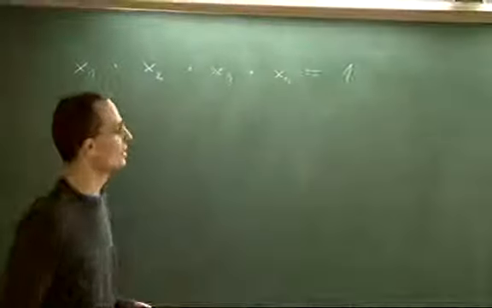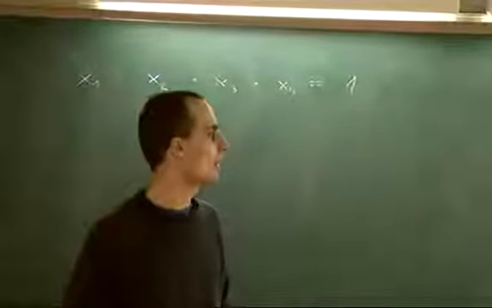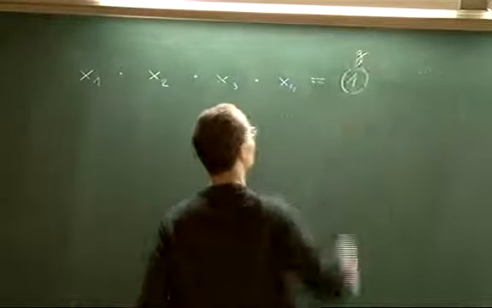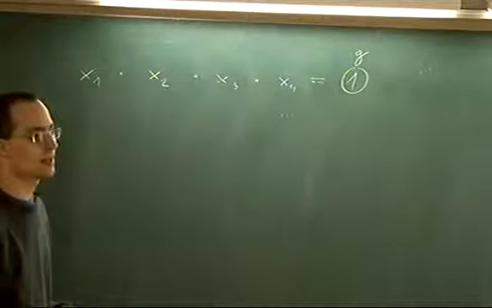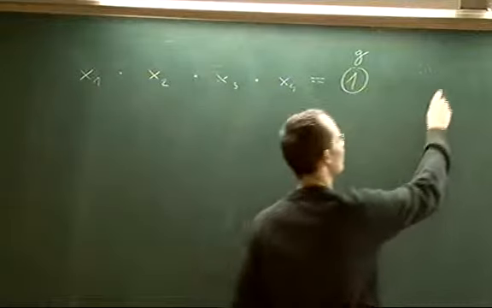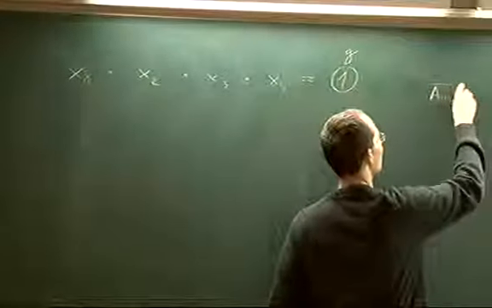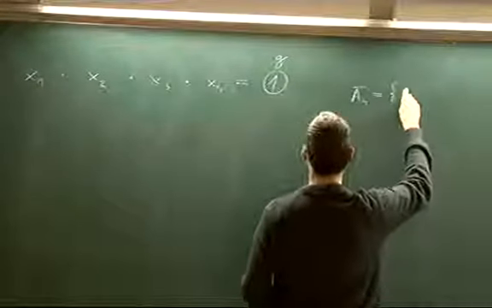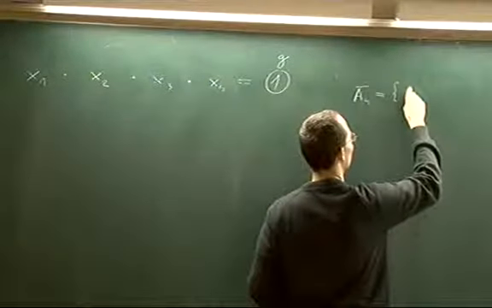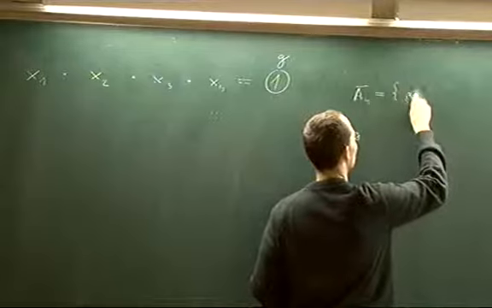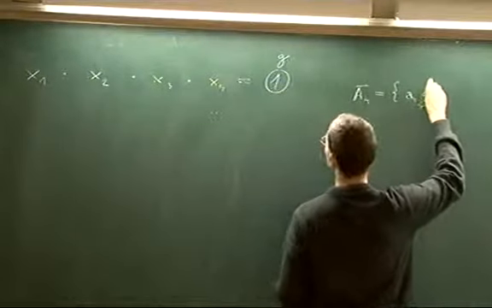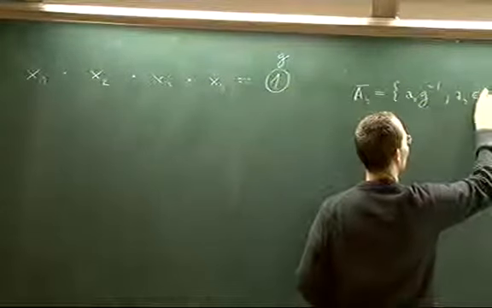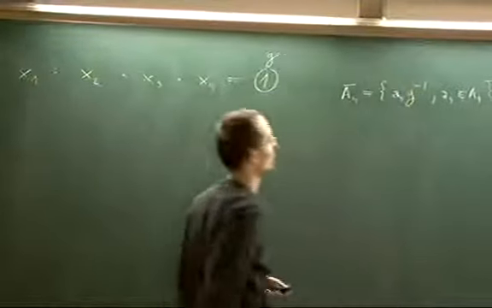First thing that is easy to realize is that we can assume the right hand side to be 1, because if it's some element g, then you just go to new A_m, where you put all the elements of the form, let's say, a_m g inverse for a_m from the original set A_m.